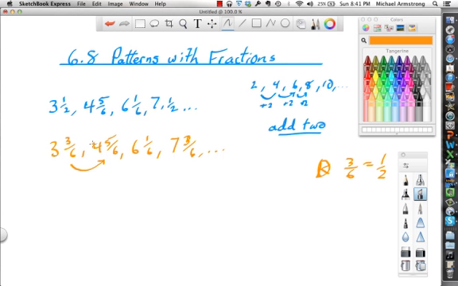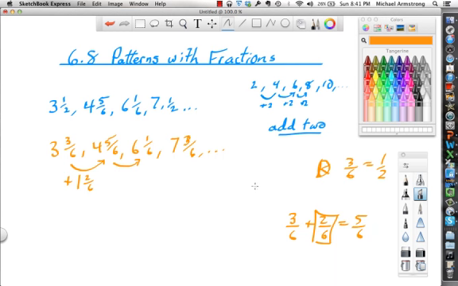Then we look at 3 sixths and 5 sixths. 5 sixths is 2 sixths bigger, since 3 sixths plus 2 sixths equals 5 sixths. So we have to add 2 sixths, and we also have to add 1. So we're adding 1 and 2 sixths. Now we could simplify that down to 1/3, but right now we just want to see if we can do the same thing. What happens if we add 1 and 2 sixths to 4 and 5 sixths?